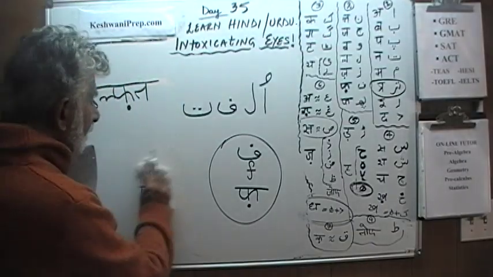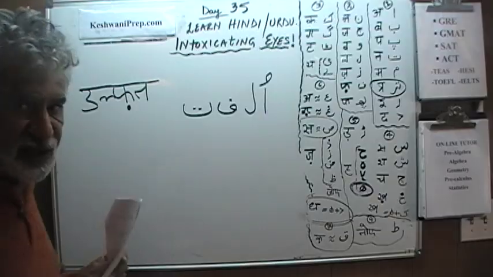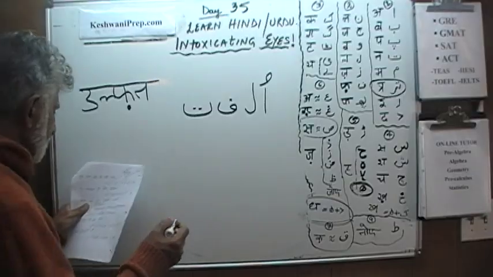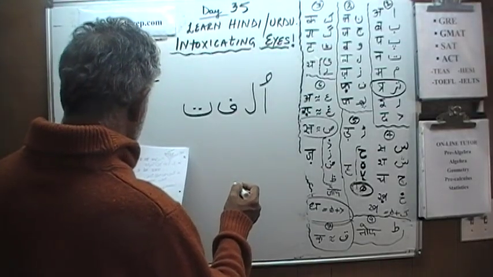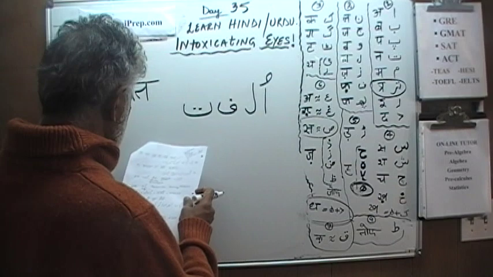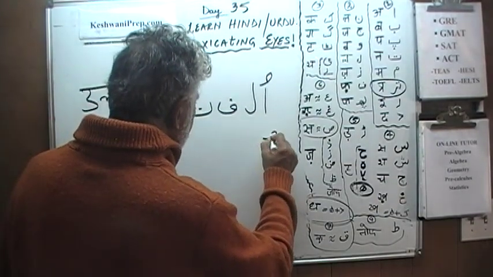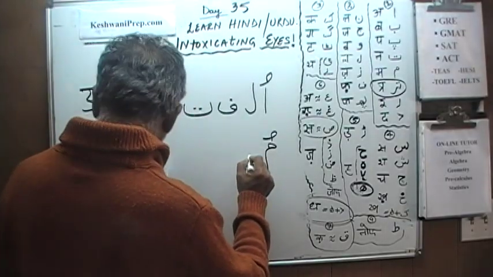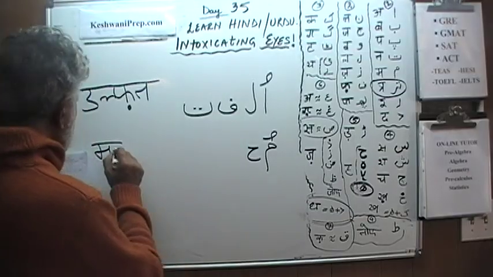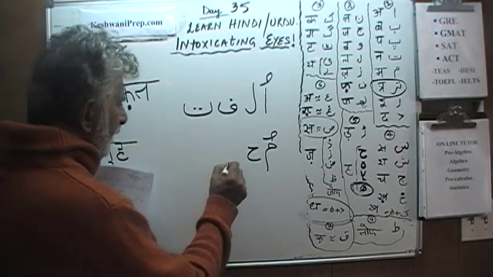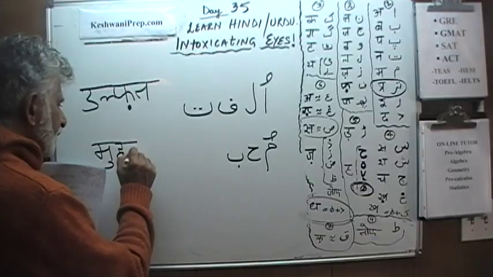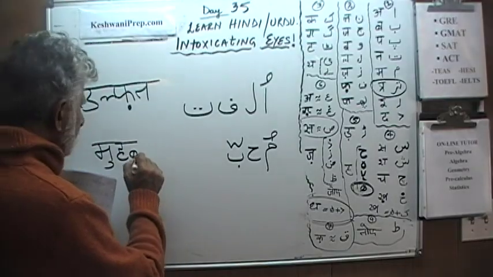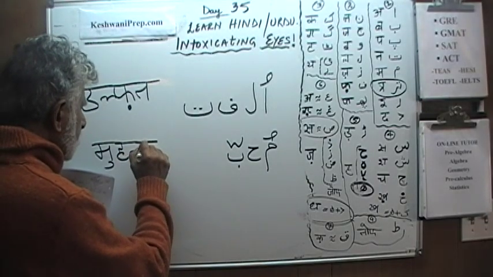Another word we learned before, when we were learning the concept of tashdid, is this word right here. Meme with u ki matra, and then a ha, he, and then a ba, but this is a half ba, mohab, and then another ba, and then a ta.